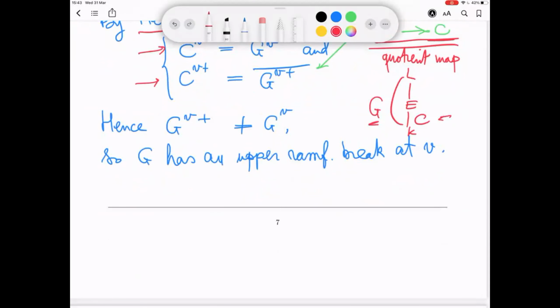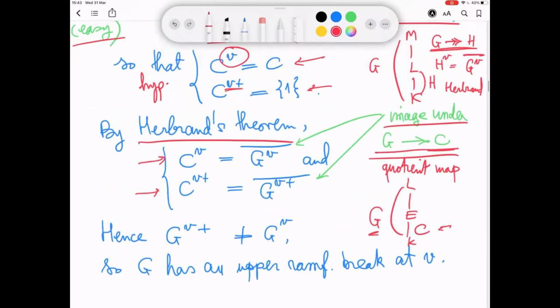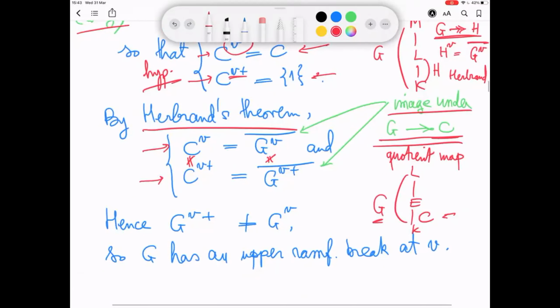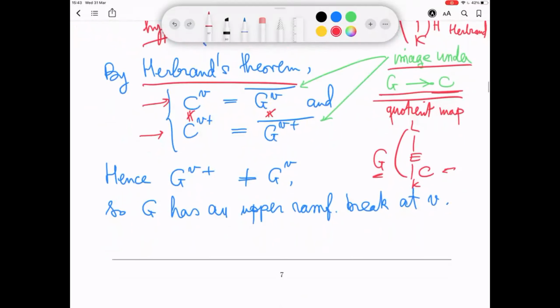And by hypothesis, these two are not equal. So these two, of course, have different images. The images are not equal, so the groups themselves are not equal.